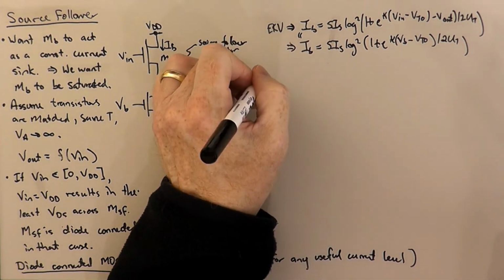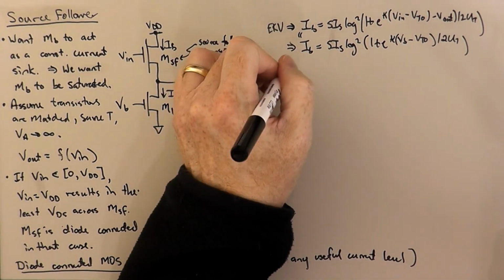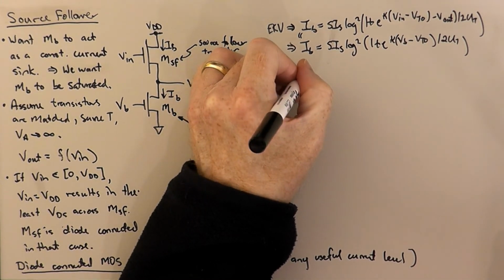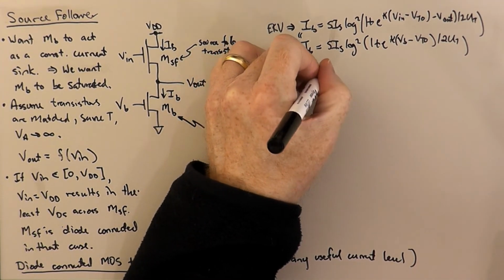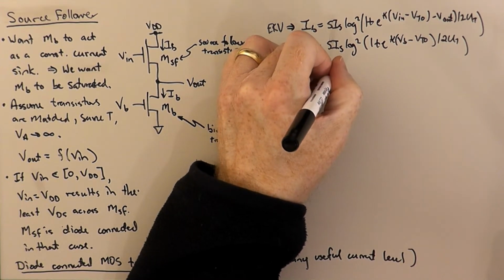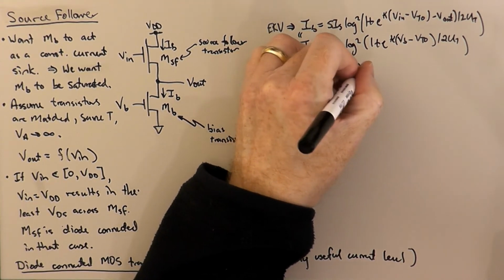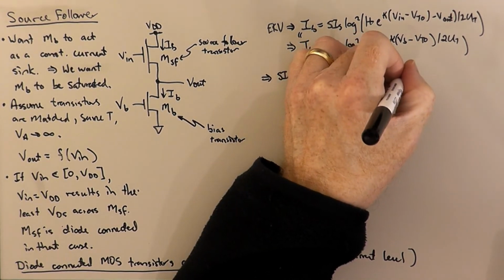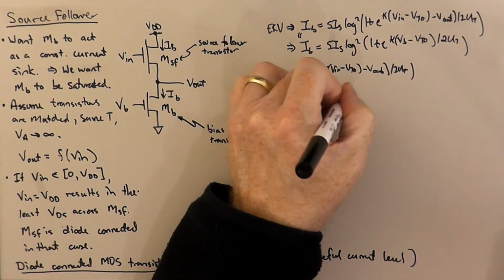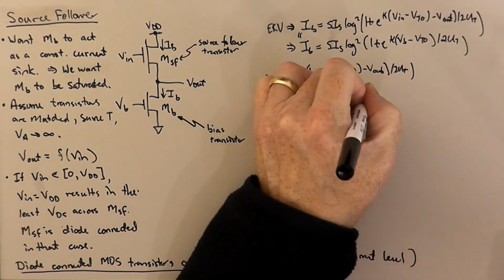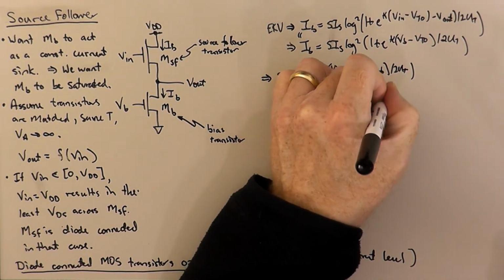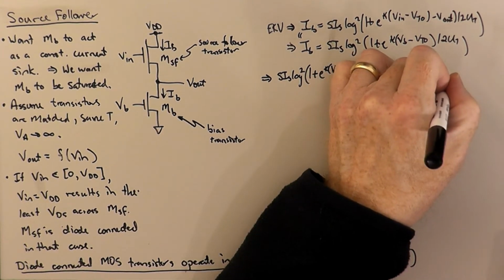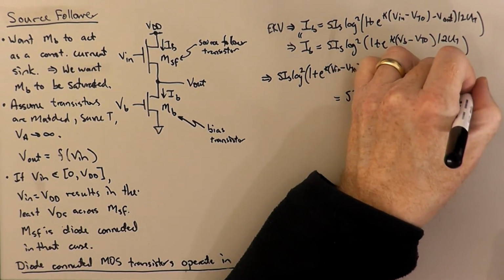We're going to have that SIS log squared of 1 plus e to the kappa Vin minus VT0 minus Vout over 2UT is equal to SIS log squared of 1 plus e to the kappa VB minus VT0 over 2UT.